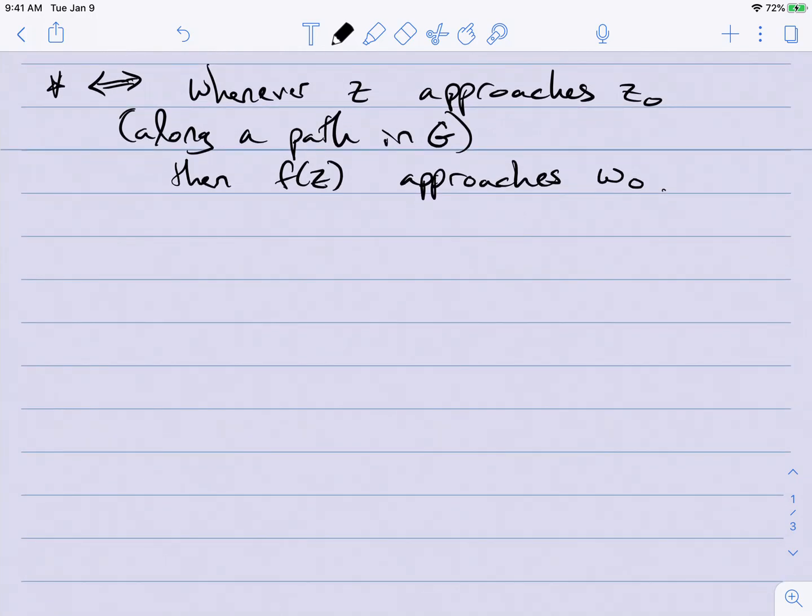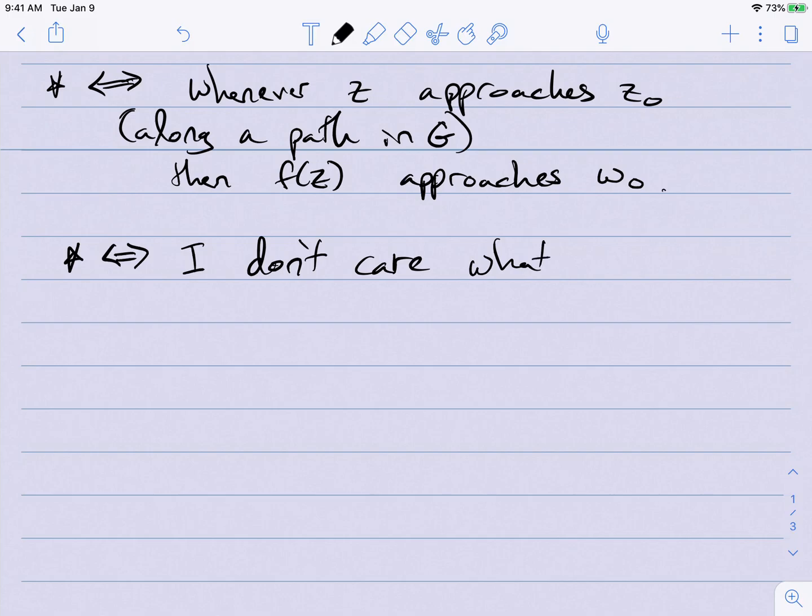The other thing to emphasize in this definition is that the definition doesn't depend on what happens at z naught. It only depends on what happens as we approach z naught. In particular, the function f may not even be defined at z naught, right?